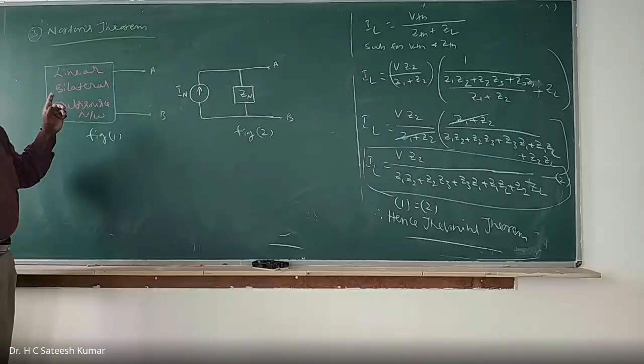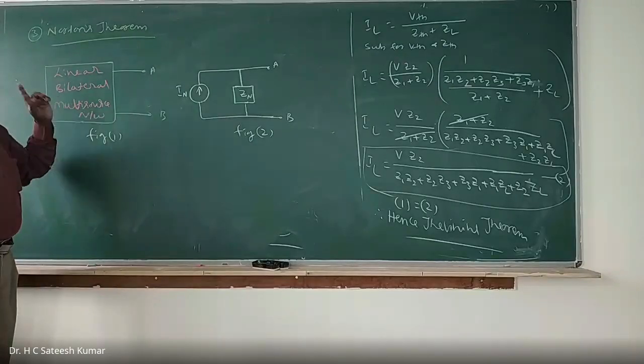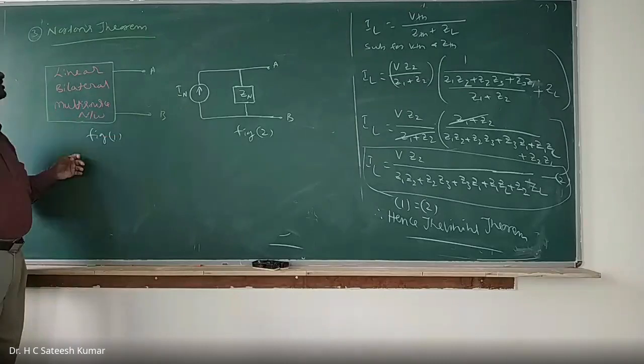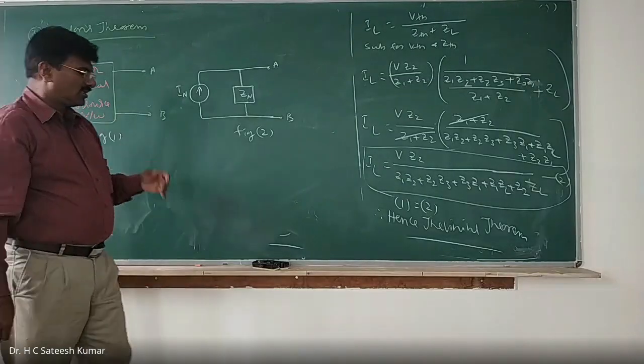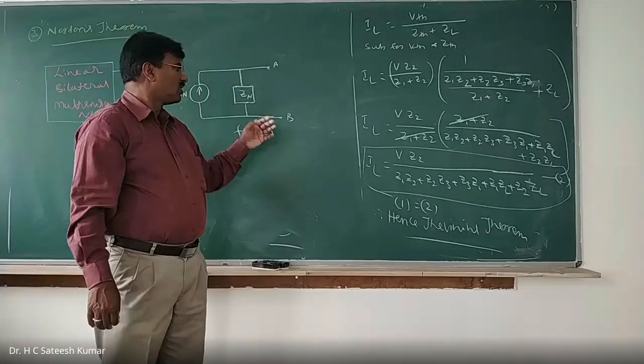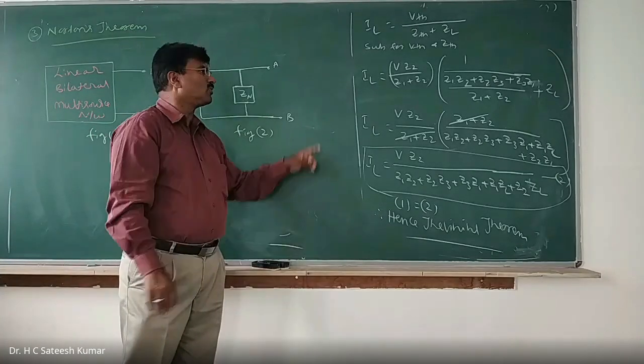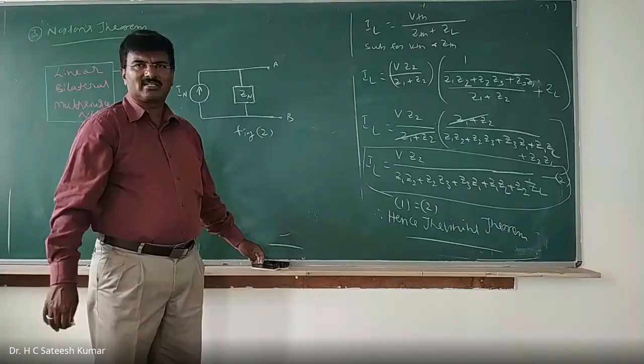Voltage sources are made zero by short circuiting, and current sources are made zero by open circuiting. Right? So that's the statement of Norton's theorem. Well, in the next class I will be doing how to prove this one. Same example I will take, and only the second part I will change. Right? We'll continue in the next class.